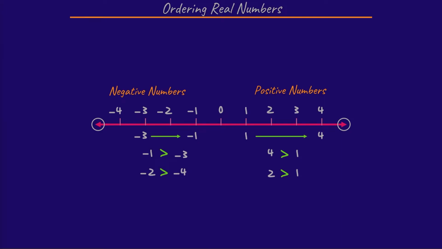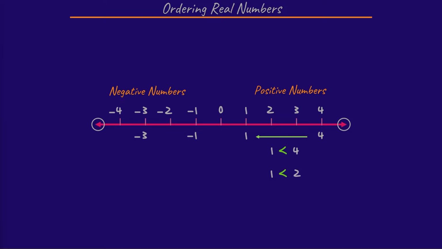On the other hand, if we start our comparison by comparing 1 to number 4, we can see that number 1 lies to the left of number 4. So we can say number 1 is less than number 4. And we can also say that number 1 is less than number 2.